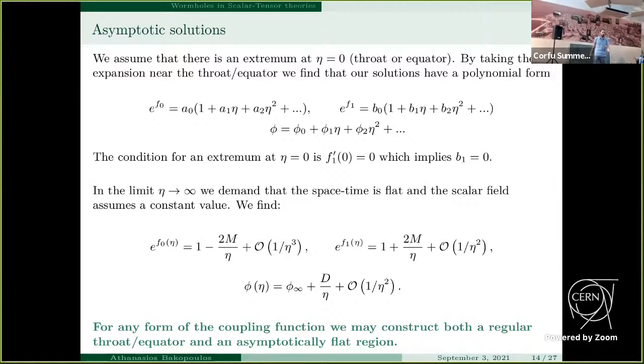In the other asymptotic region, we find that the solutions are asymptotically flat. So for any form of the coupling function, we may construct both a regular throat or equator and an asymptotically flat region. The solution in between may be found using numerical integration, where we use these two solutions as boundary conditions.